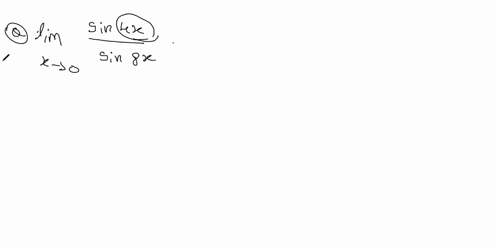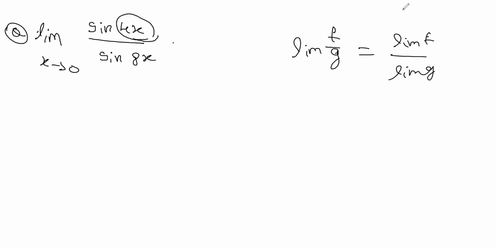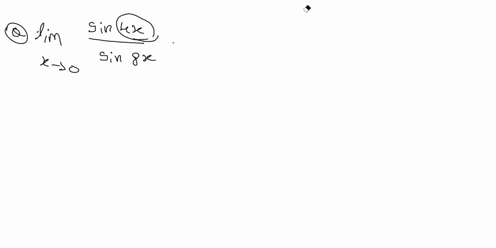When we studied the properties of limits, the limit of f by g, that is division, means we can apply the limits to the numerator and denominator separately, correct? Now we will use this concept over here. Instead of writing in the denominator, I will take it that side and put a division symbol, just to be simple.